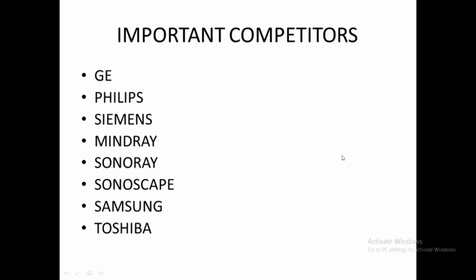If you're recruited as a salesperson, they will teach you features, how to negotiate, and how to talk business. If they recruit you as an application specialist, they will teach you how to do scans, basic anatomy, and how to behave and talk to doctors.